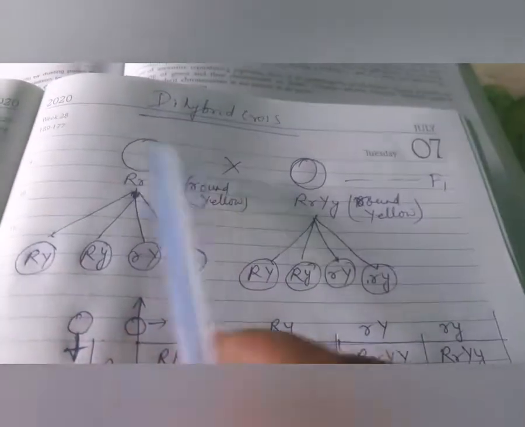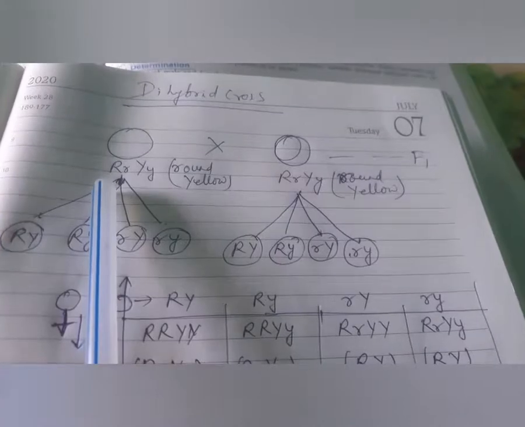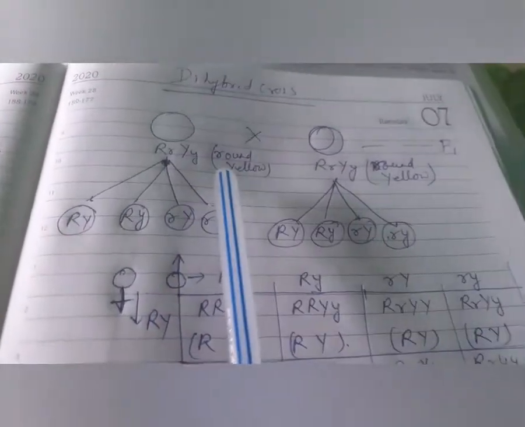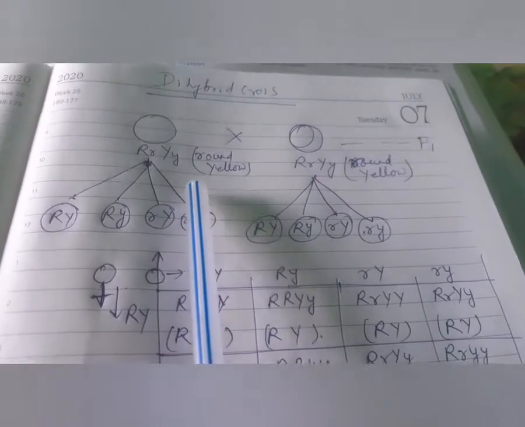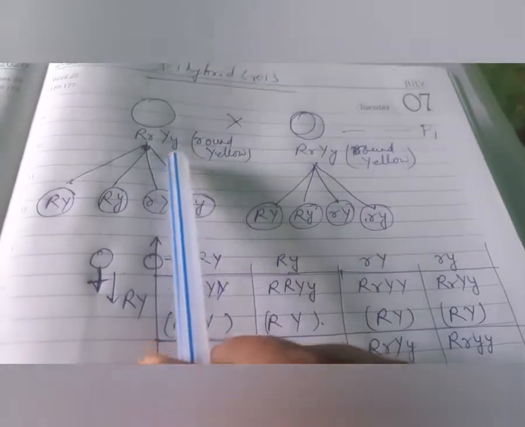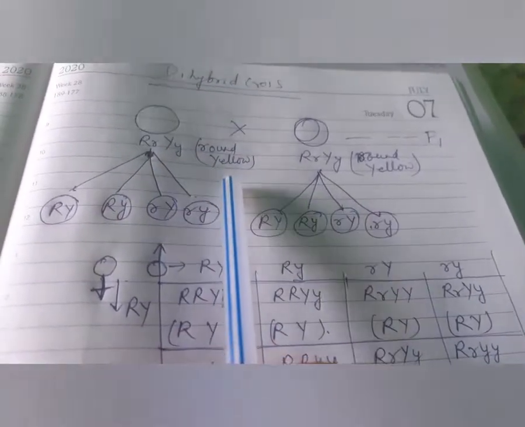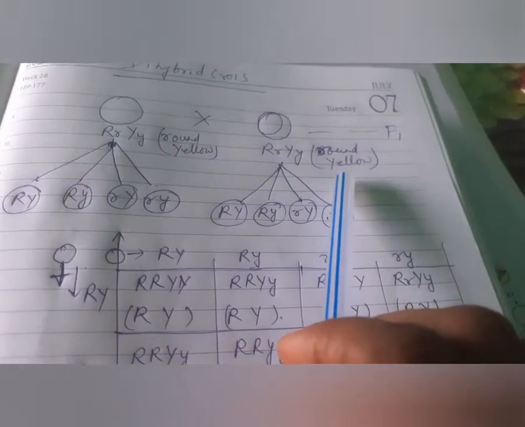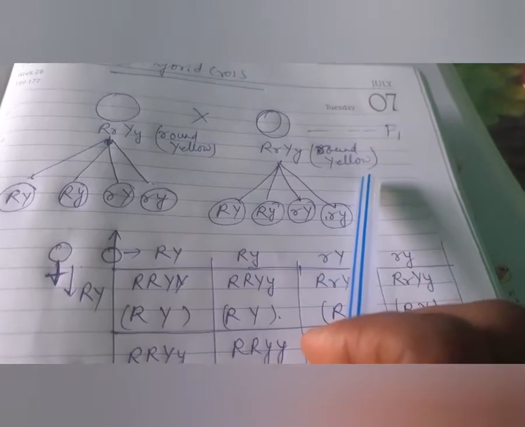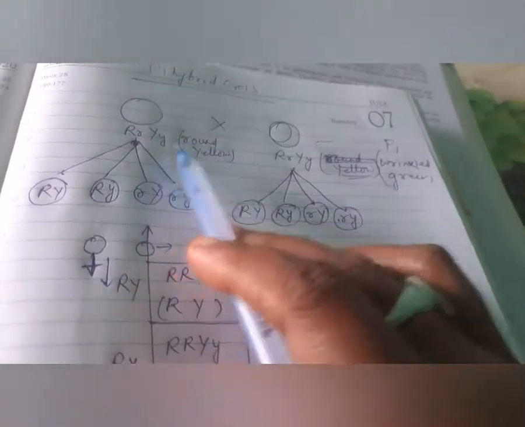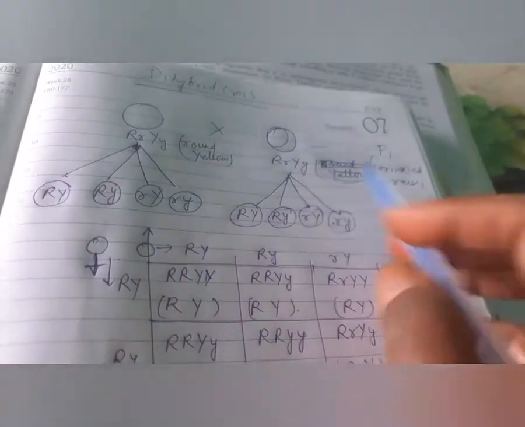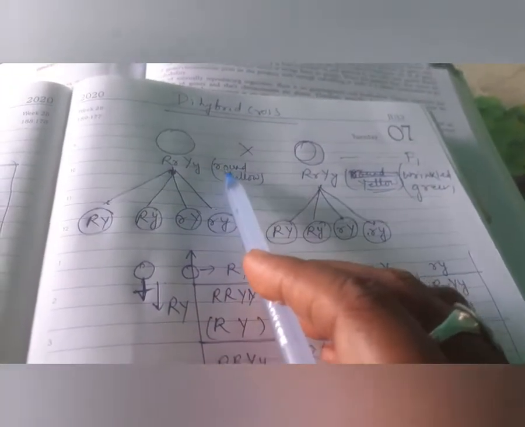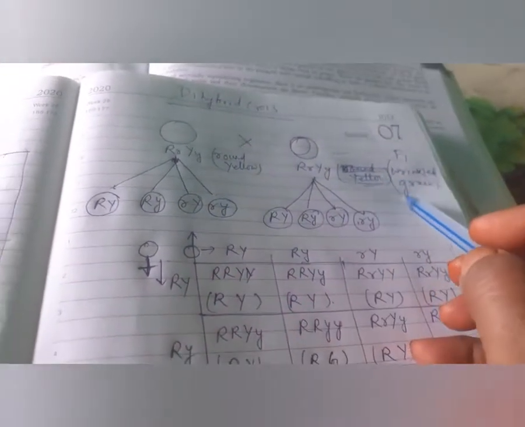Now it is the dihybrid cross. A dihybrid cross refers to a cross between individuals bearing 2 characters, such as if we take a round yellow plant and a wrinkled green plant. Here two characters can be seen, round and yellow, wrinkled and green.